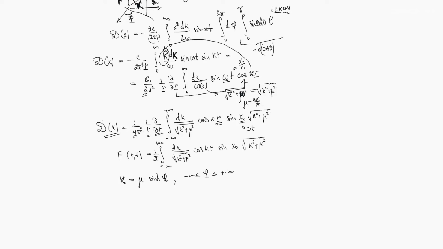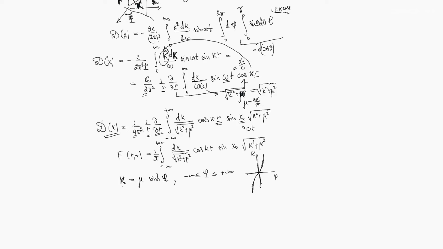You remember sinh is this function, so it behaves like this. So there will be a one-to-one map with this function from a phi line to a k line. So it's a good change of variables.